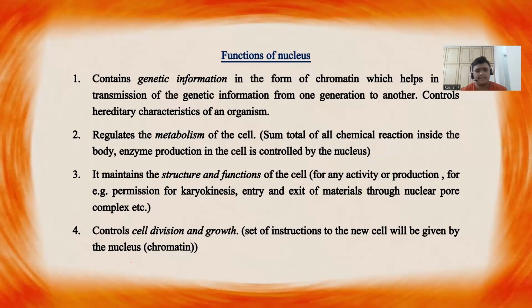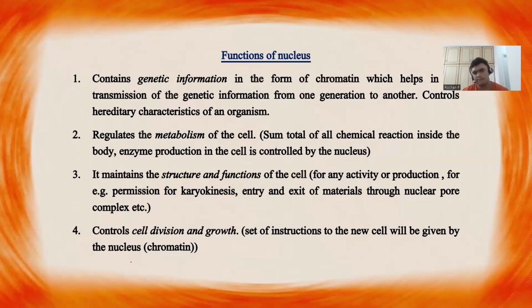Now, it controls cell division and growth. If a new cell is formed after cell division, the nucleus is going to give a new set of instructions to the new cell. Just like if a new factory is set up, the chairman or the CEO is going to give the employees a set of instructions, do's and don'ts. They must follow that.